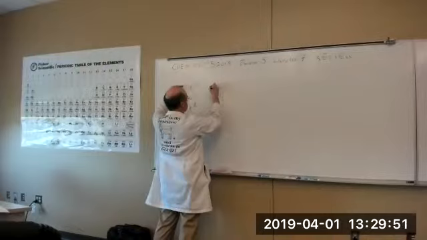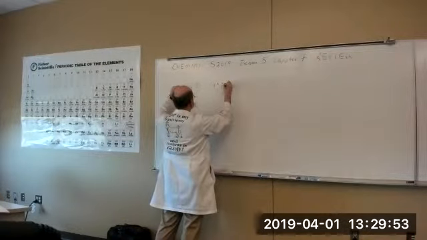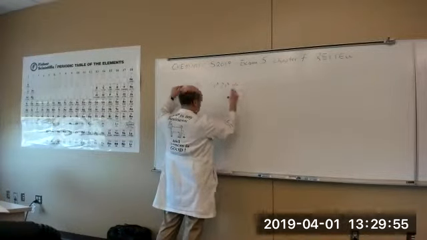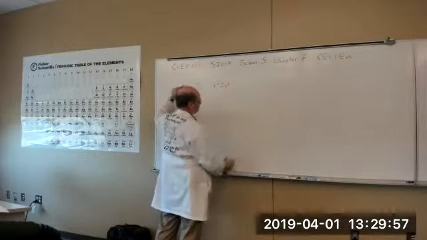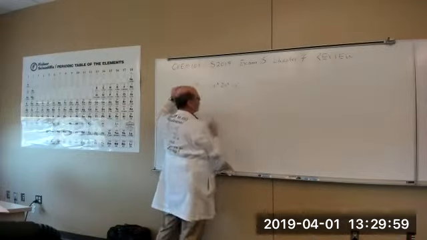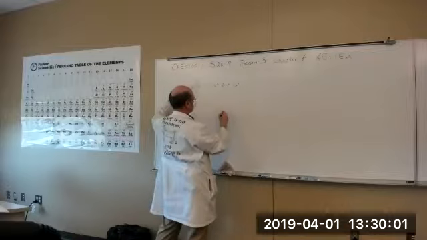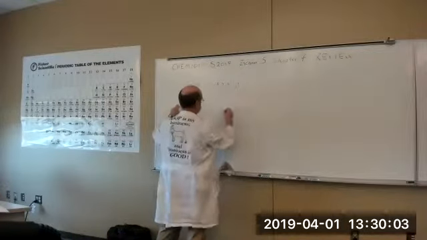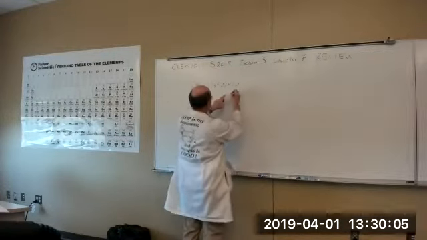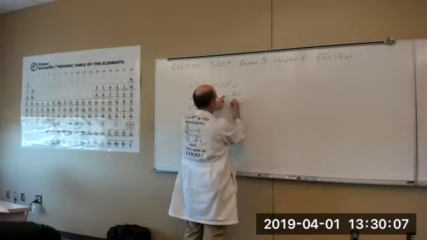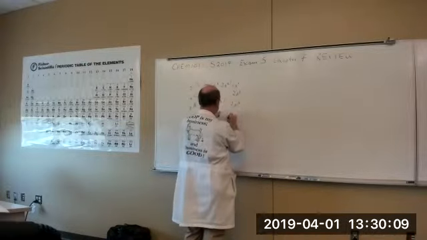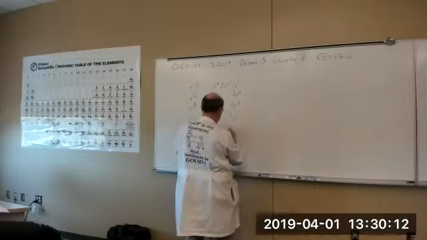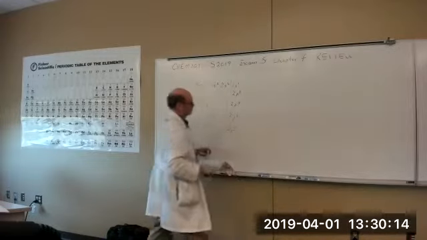Then we have 1s2, 2s2, 2p1. Then all of these are going to be the same, except for these: the 2p2, 2p3, 2p4, and 2p5.